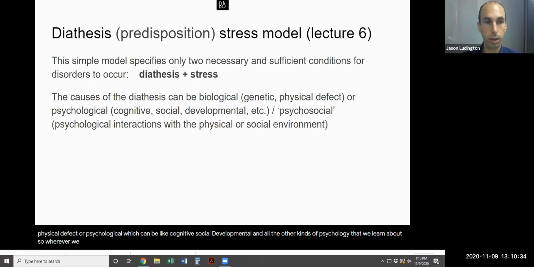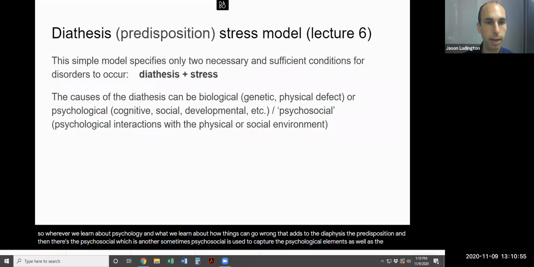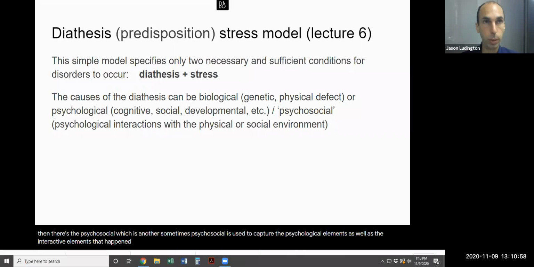So wherever we learn about how things can go wrong, that adds to the diathesis, the predisposition. And then there's the psychosocial, which sometimes captures the psychological elements as well as the interactive elements between an individual's own predispositions and their environment, both their physical environment and their social environment. So that's captured in the psychosocial word.